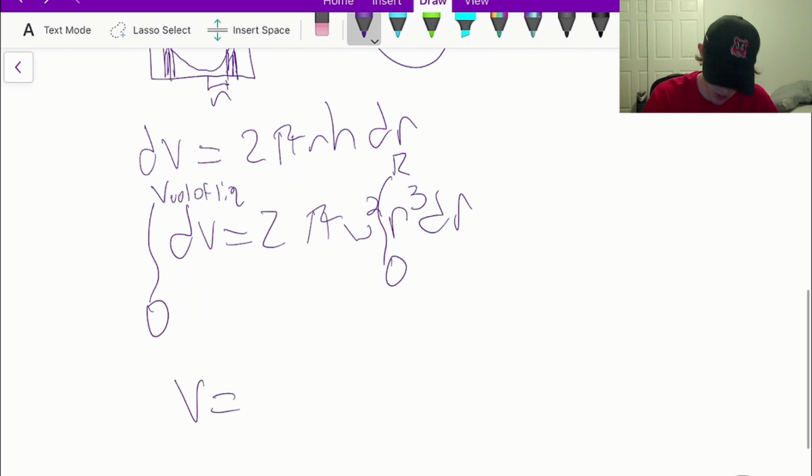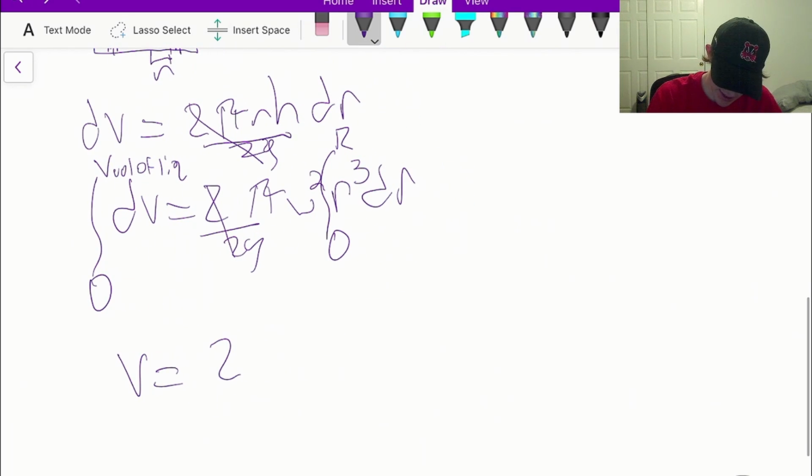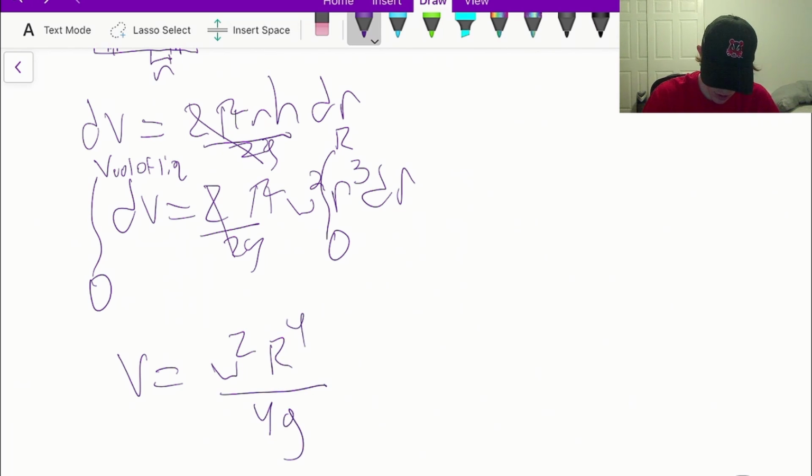So we get V equals, oh, I forgot the 2g up here. This is over 2g. Those twos cross out. And we get omega squared R to the fourth over 4g. Now we can go back and plug it in to find D.